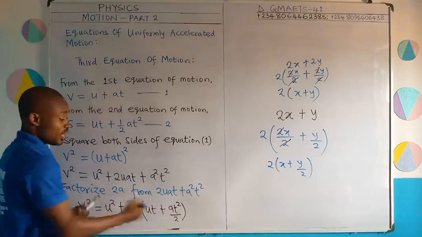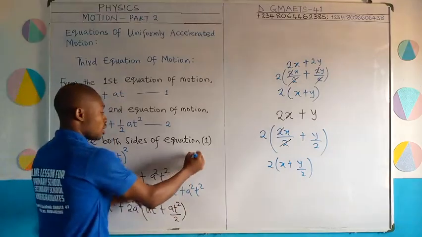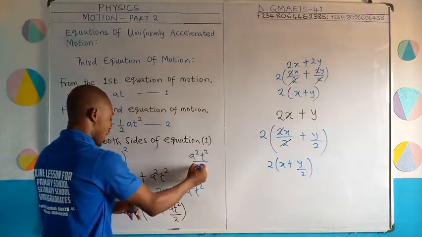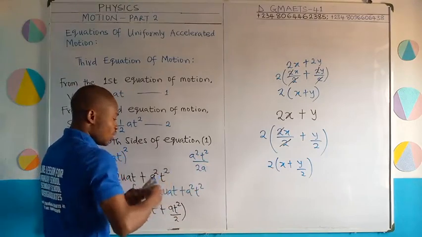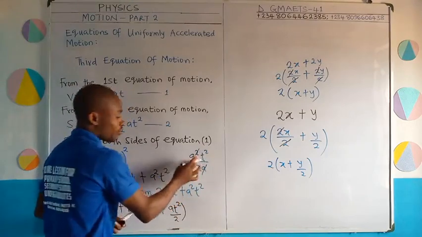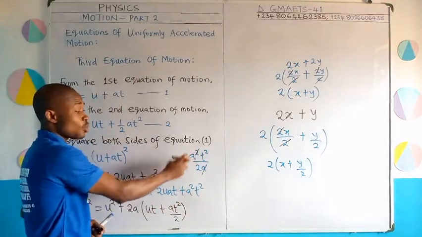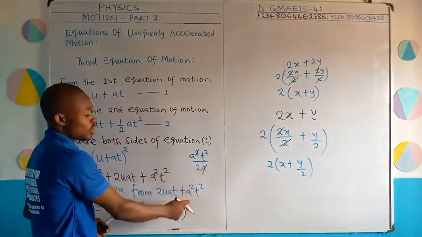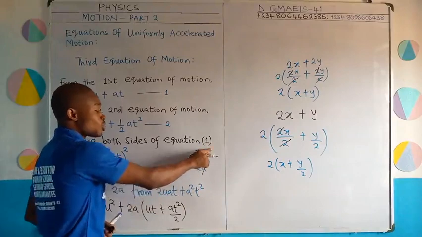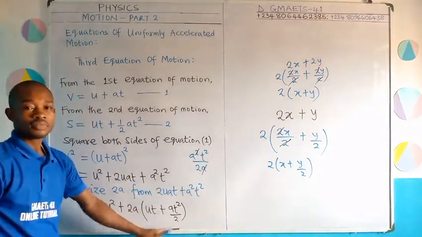How did I know that I'm going to get a t squared divided by 2? Watch. a squared t squared divided by 2a. This a will cancel one from the top, from the numerator. You know, this a squared is a times a. So one of them will divide the one under. So you'll be left with 1a on top, then t squared divided by 2.